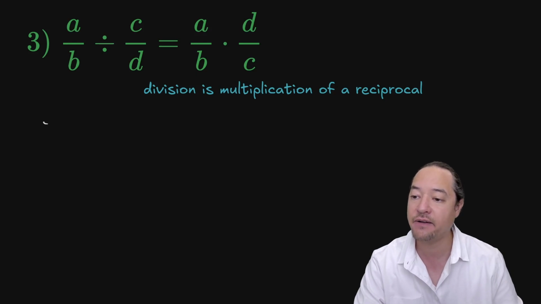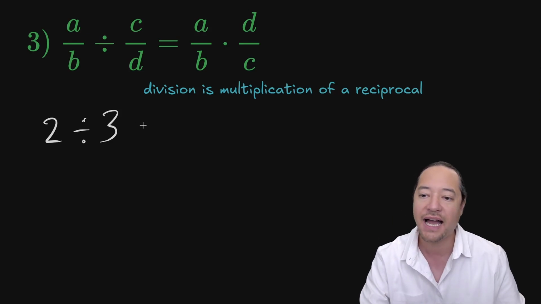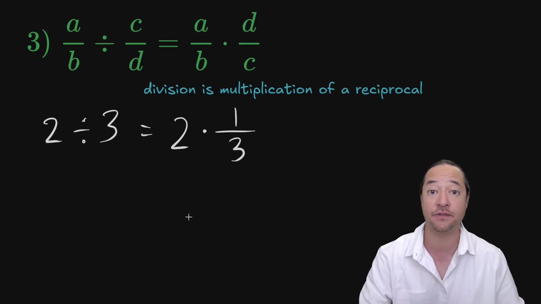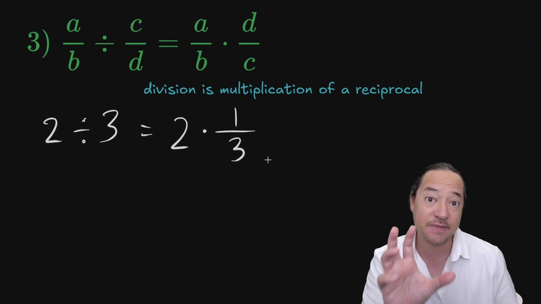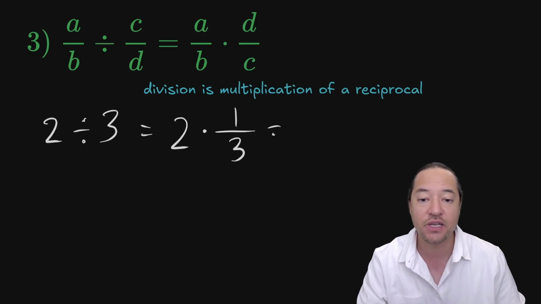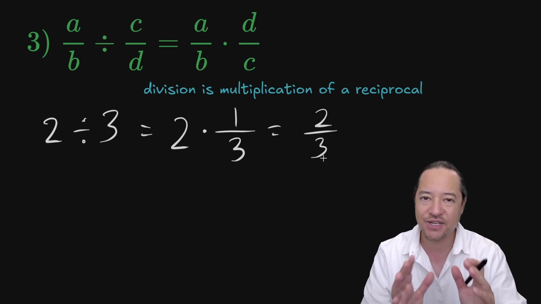Let's say I have 2 divided by 3. I can think of this as division, or I can think of this as 2 multiplied by the reciprocal of 3. Then I am taking division and transforming it into multiplication. And so then this becomes 2 over 3, right? There we go. So division is actually multiplication in disguise.